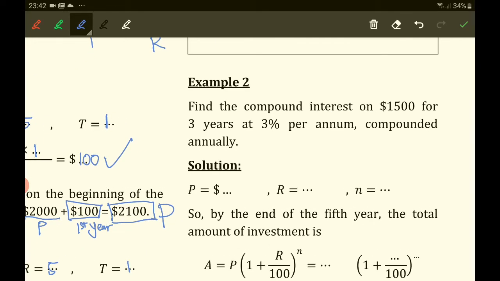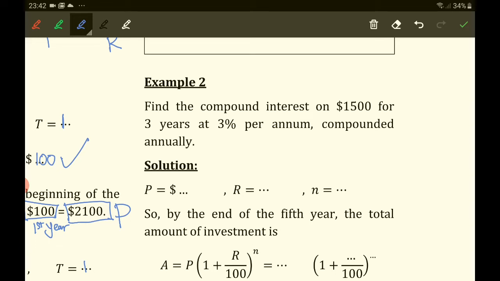In example 2, we are trying to find the compound interest on $1,500. This is the principal, for 3 years. Here is the n, at the 3% rate. The rate is per year, per annum.